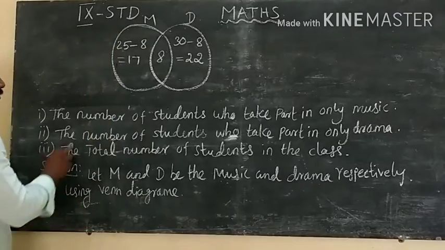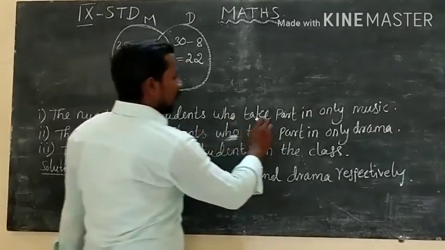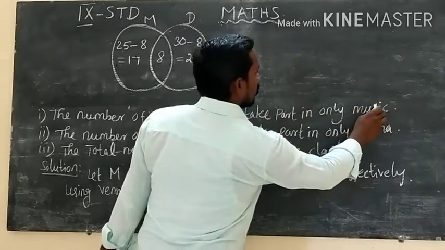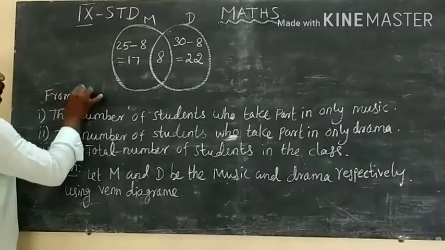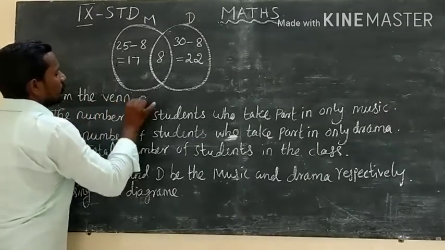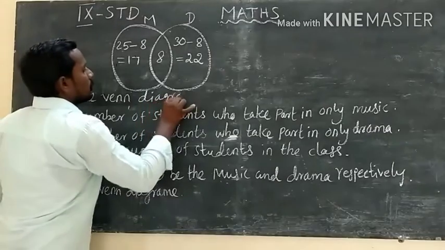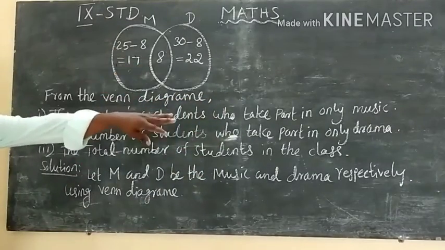The first question: the number of students who take part in only music. From the Venn diagram, take and write the answer.